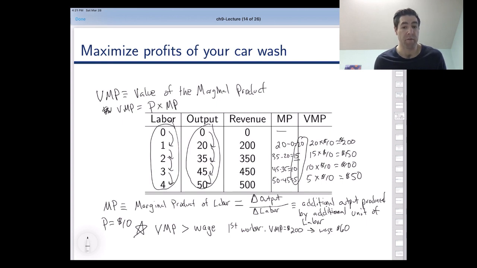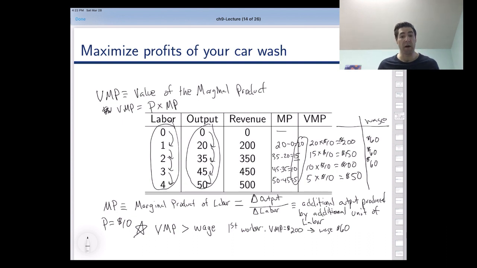That will increase my profits. The second worker, $150, is also greater than the wage. We can put the wage here to compare. Same for the third worker. They add $100, the third worker does, in revenue with 10 car washes. I have to pay them $60. I'm going to make $40 extra in profit off of that third worker.